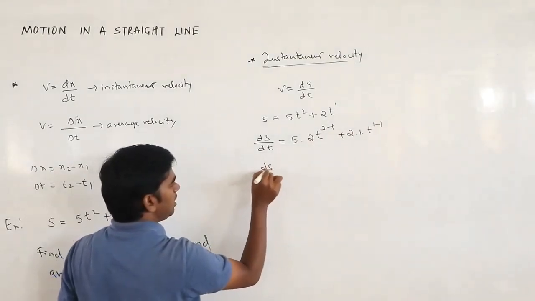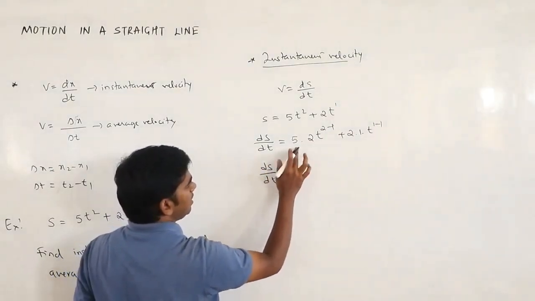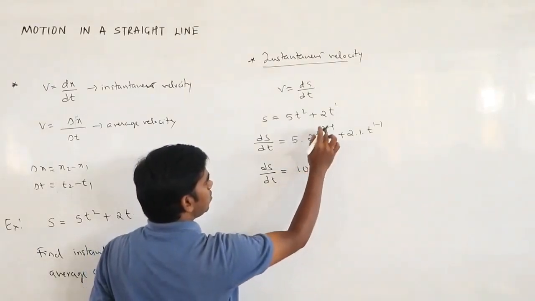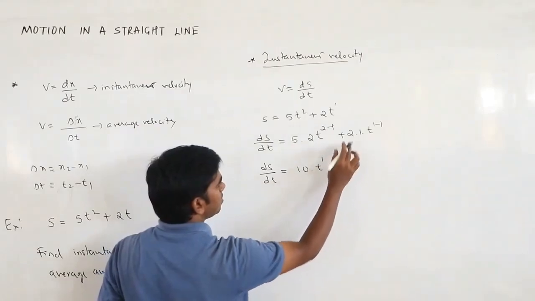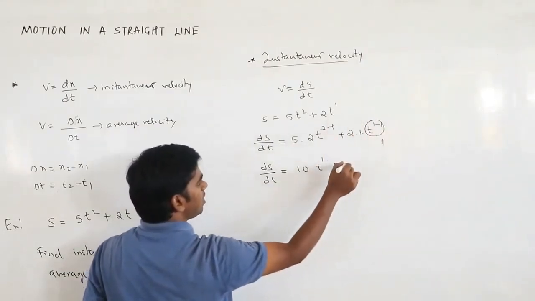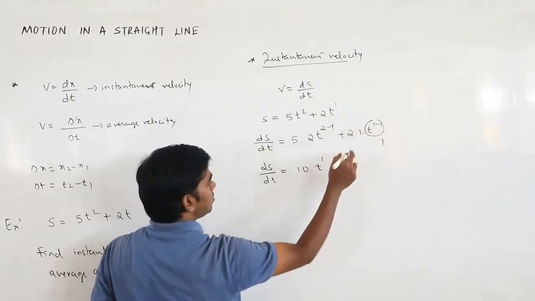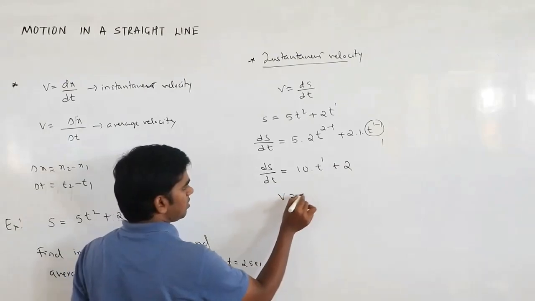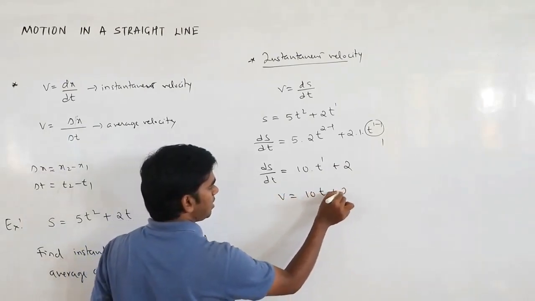T raised to 0 is 1. So ds by dt equals 10t plus 2. So velocity you got: velocity is 10t plus 2.